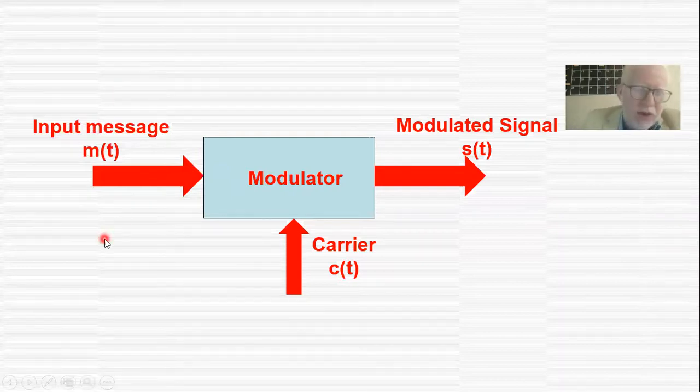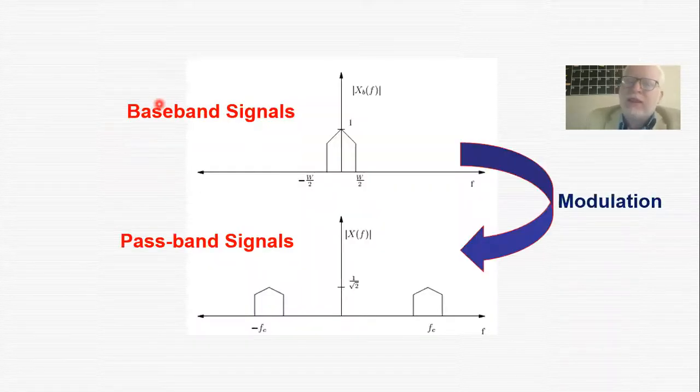This is generally the overall schematic of a modulator. As a concept or as a function, we have studied that the main function of the modulator is to transfer what we call a baseband signal. Again, the baseband signal is the signal with the frequency spectrum around 0, and we transfer it into a passband signal.